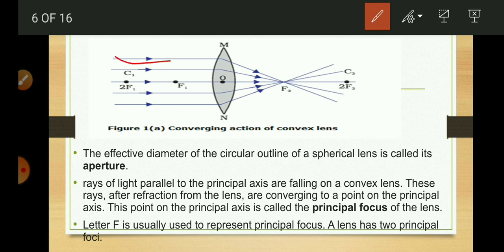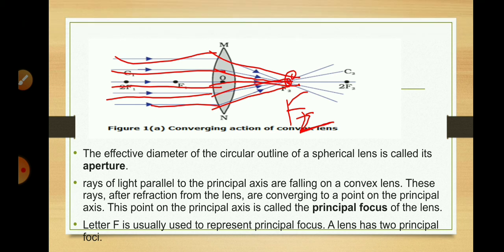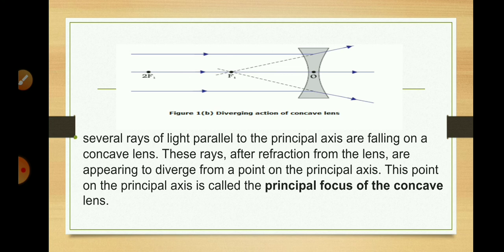So when parallel rays fall on a convex lens, after refraction they meet at a certain point on the principal axis, and that point is called the principal focus. It is denoted by the letter F, and a lens has two principal foci, F1 and F2.